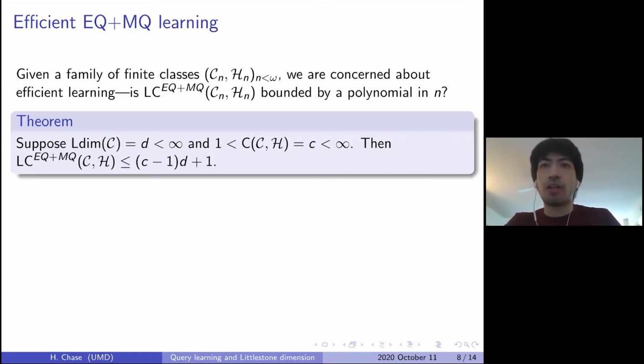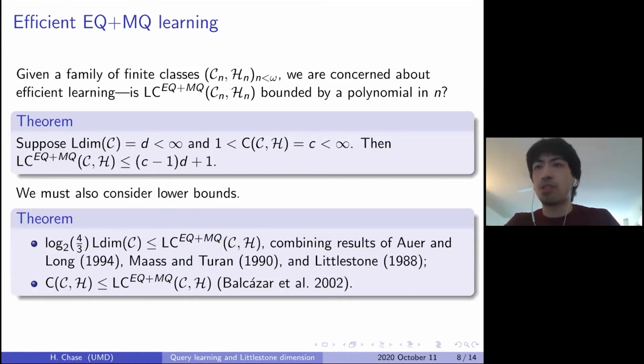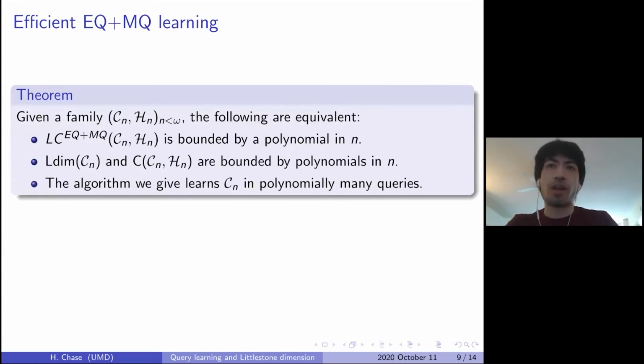And we can also find appropriate lower bounds. Consistency dimension itself is a lower bound, and consistency dimension times Littlestone dimension is also a lower bound. So we get polynomial bounds on either end.